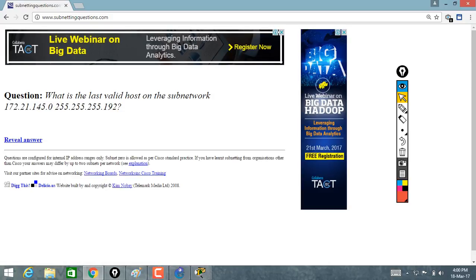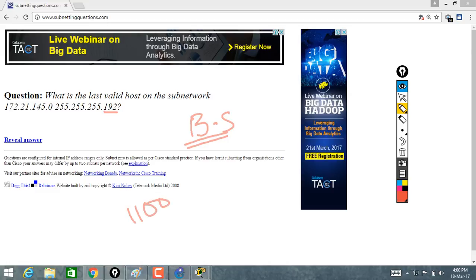What is the last valid host on the subnet? Always try to find out the block size first. If you find the block size correctly, you will get everything correct. See here what they have written. In the last octet it is 192, this means 2 bits are on. The rest 6 are zeros, that will be the number of hosts.